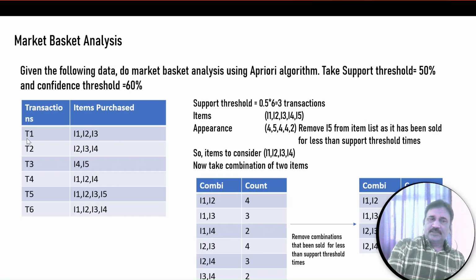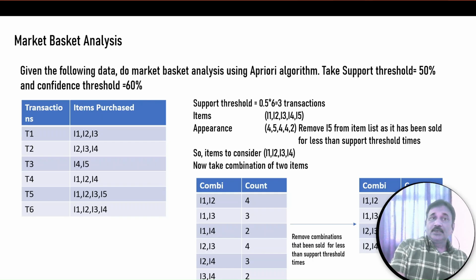For example, in transaction 1, items I1, I2, I3 were purchased. Transaction 2, I2, I3, I4 were purchased by another customer, and so on. In the 6th transaction, I1, I2, I3, I4 were purchased.